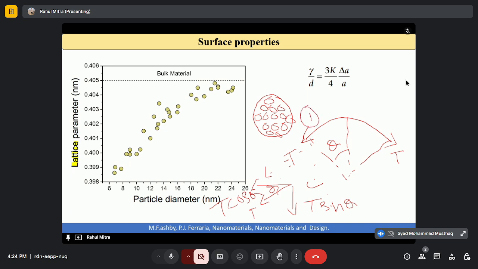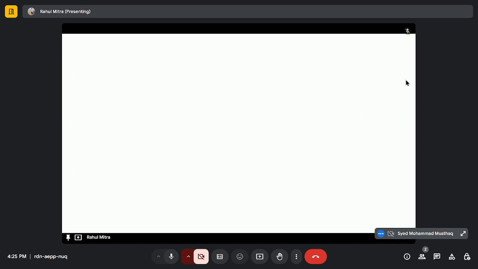We have 1 and 2. From 1 and 2, the horizontal components will cancel out, and the vertical components will add up to give 2 sin theta. Let's go to the next slide.